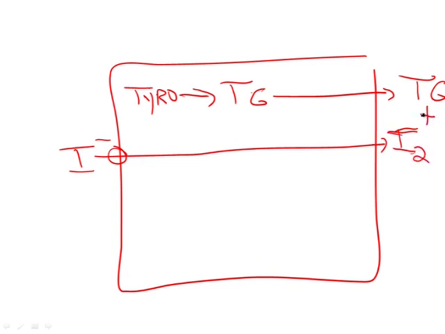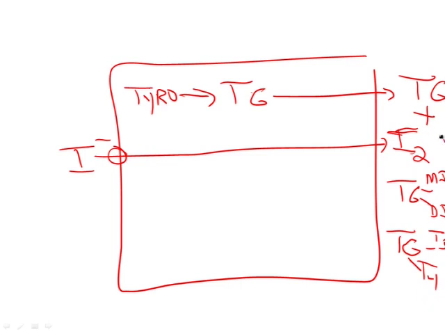Remember that the thyroglobulin and the I2 are then added together in a step called organification, and that's going to result in thyroglobulin with monoiodotyrosine and diiodotyrosine. And of course, the mono and the di will be coupled together, and that's going to then produce thyroglobulin with T3 when mono and di are coupled together, or T4 when the di and di are coupled together.